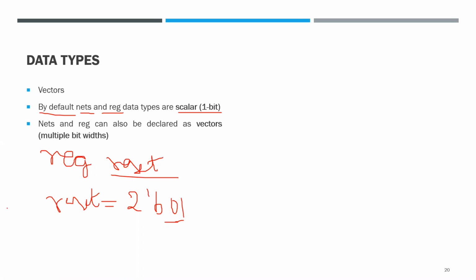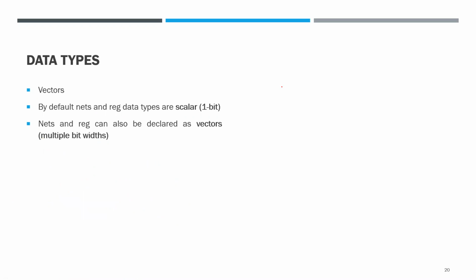So I'm having 2 bits. This one turns out to be a vector form. It is still a register data type, but it will have multiple bits for its representation. So this is what a vector implies. If it has more than one bit, we classify it as a vector.